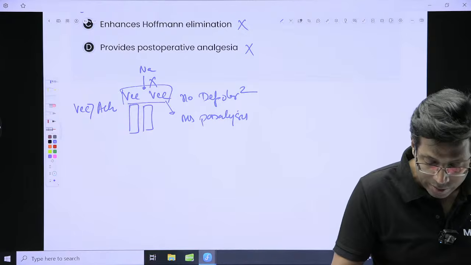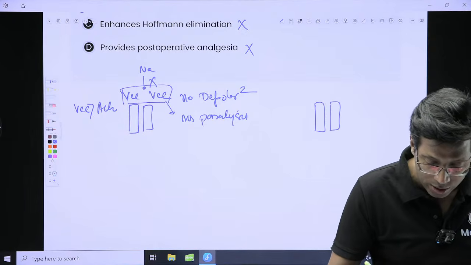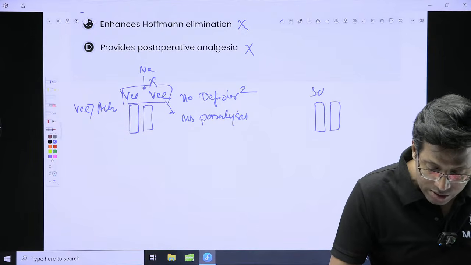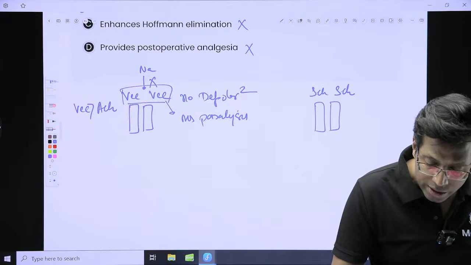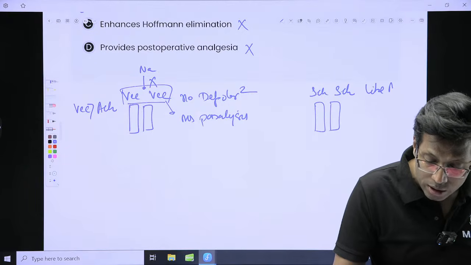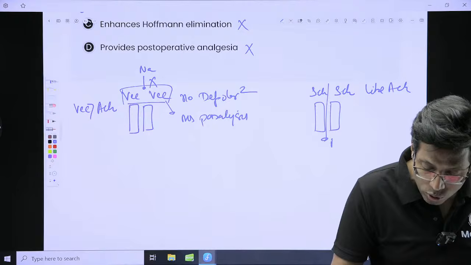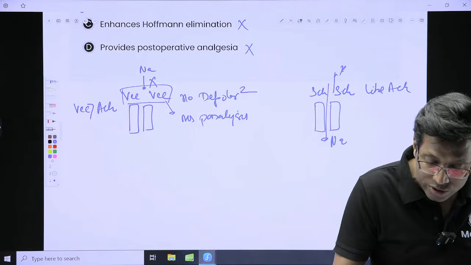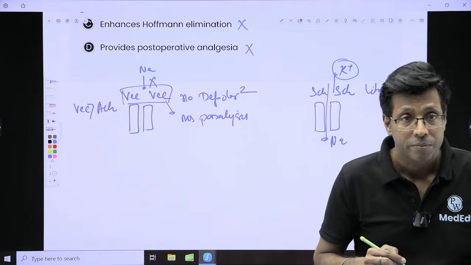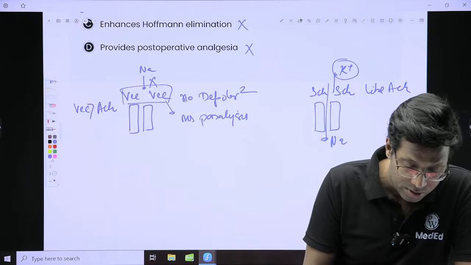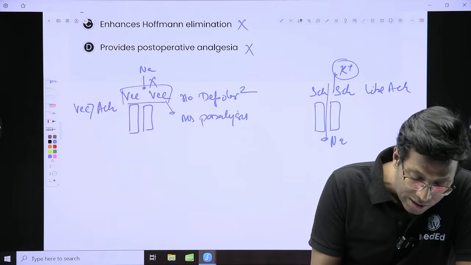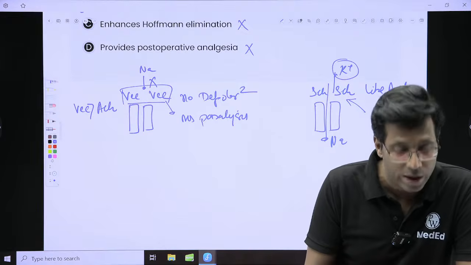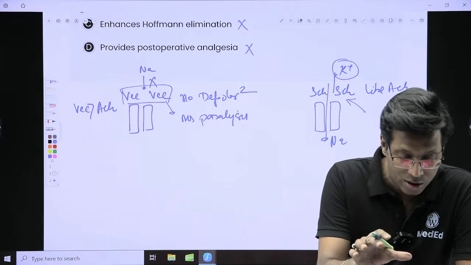On the other hand, when we spoke about succinylcholine, when succinylcholine sits at the receptor, it works like acetylcholine. So the gate opens, sodium goes inside and potassium goes outside, which was causing hyperkalemia. Correct? That was the problem with succinylcholine. And after that, succinylcholine was not getting destroyed and it stays on the receptor.